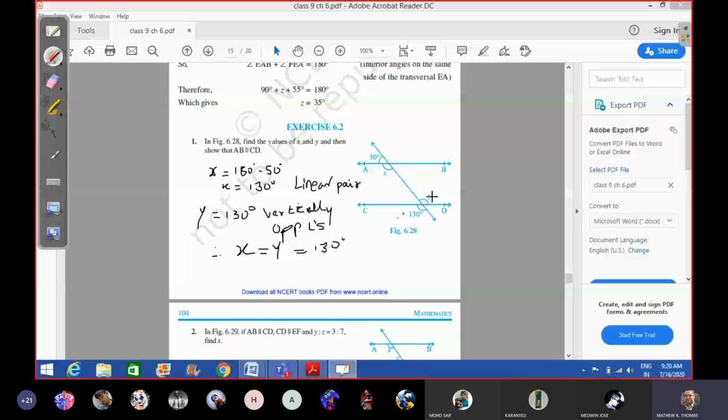So we will say x is equal to y, 130, proved. Now x and y are alternate angles, and so the conclusion we can say is that the lines AB and CD are parallel.